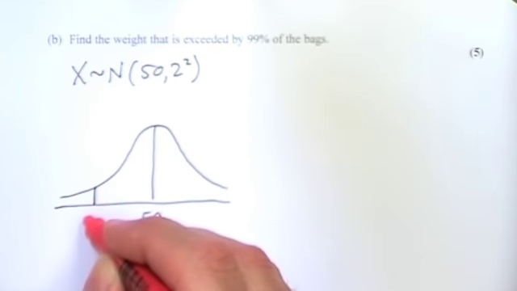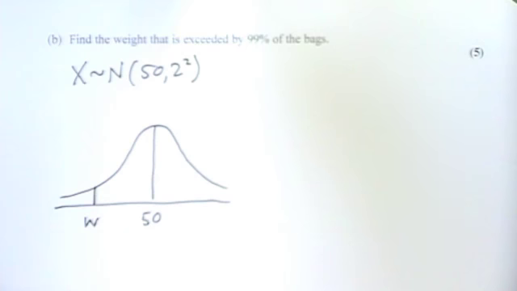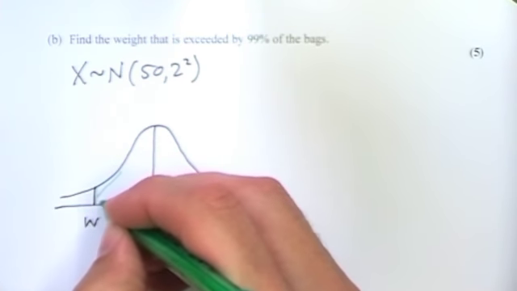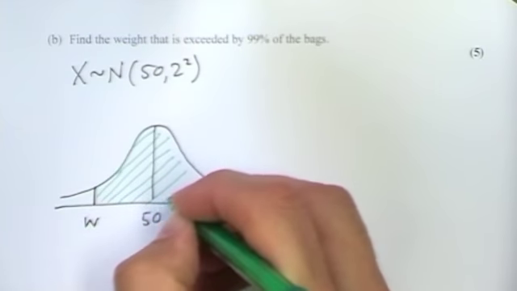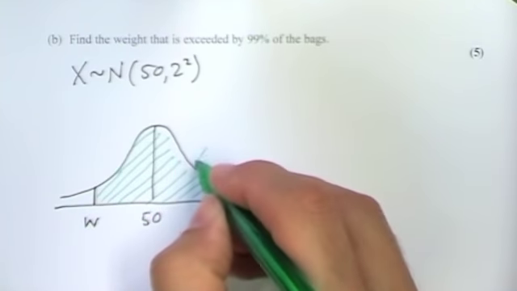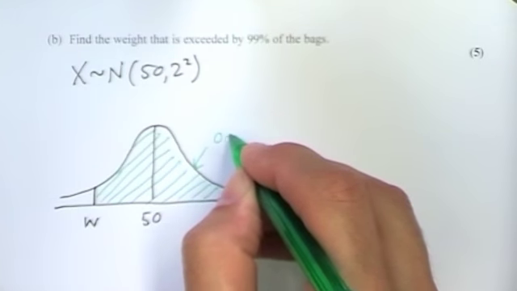It says weight, so I'm going to call it W, and these are all the values which exceed W, and that is going to be 0.99.